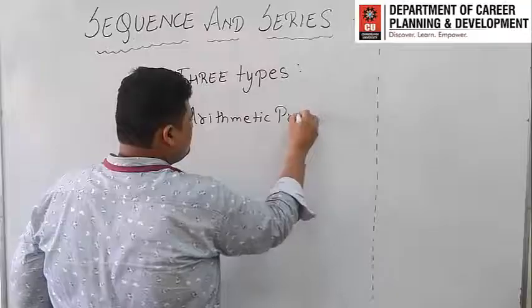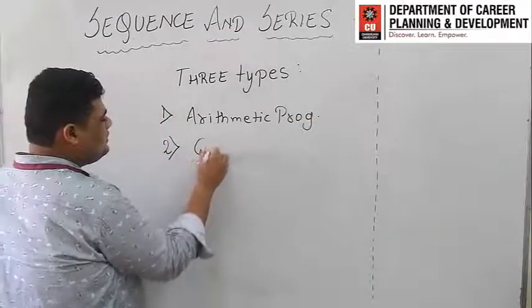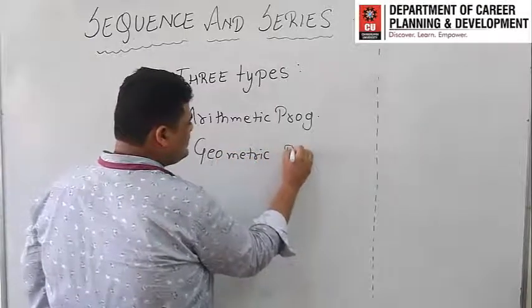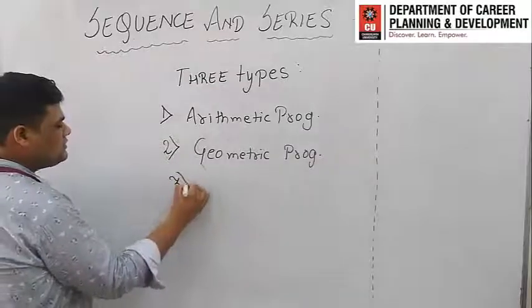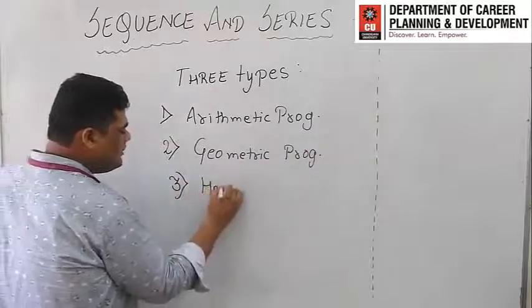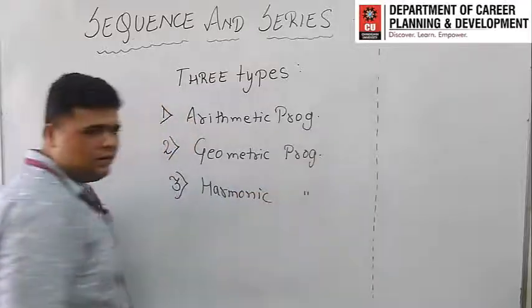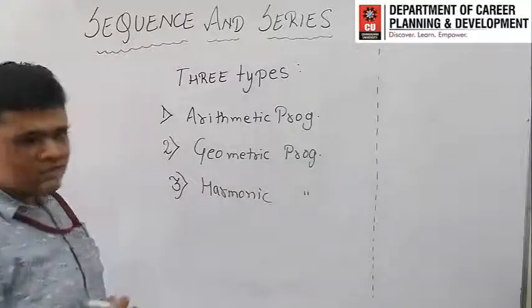The second one is called geometric progression. And the third one is called harmonic progression. So these are the three types of sequences.